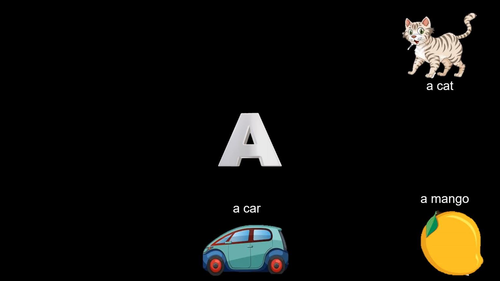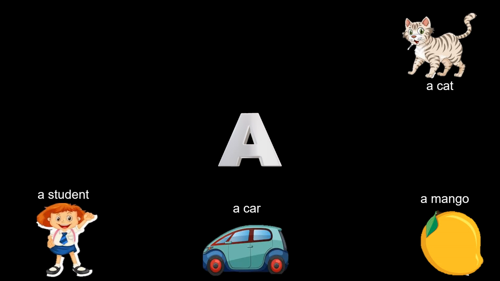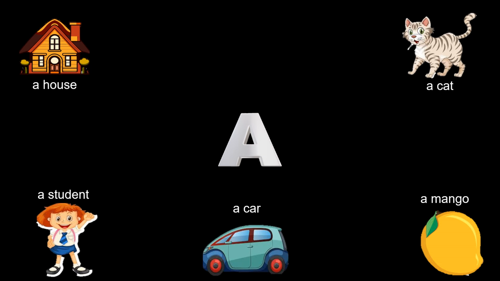Car word is starting with consonant k. Student. Student is starting with consonant sound s. So a student. Similarly, house. House is starting from consonant sound h. So a house. And lastly, we have doctor. Doctor is starting from a consonant sound d. So a doctor.